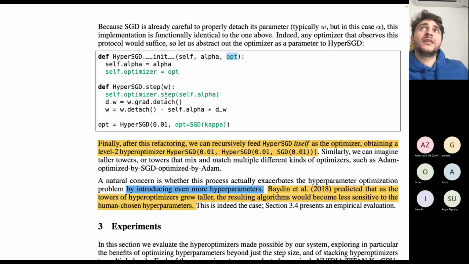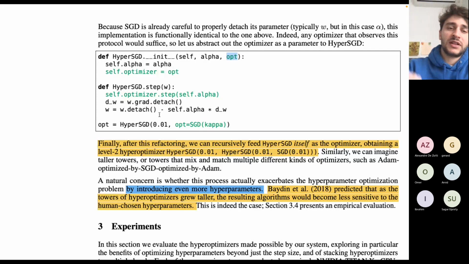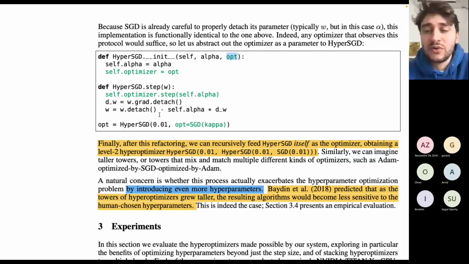So you can stack the hyperparameter gradient calculations, optimizing your hyperparameters on top of each other. So instead of just optimizing alpha, you optimize kappa, and if you want, you can optimize whatever the hyperparameter of kappa is, which means you can create arbitrarily deep recursions.